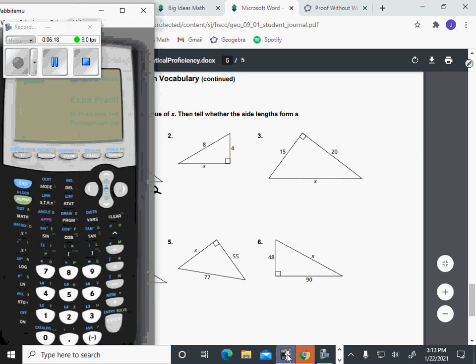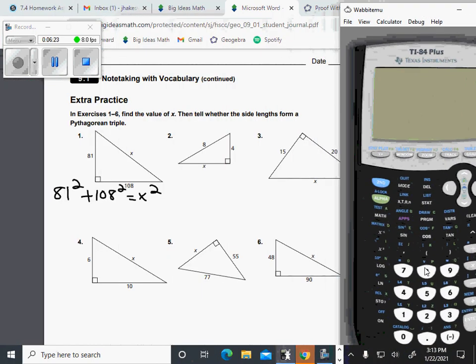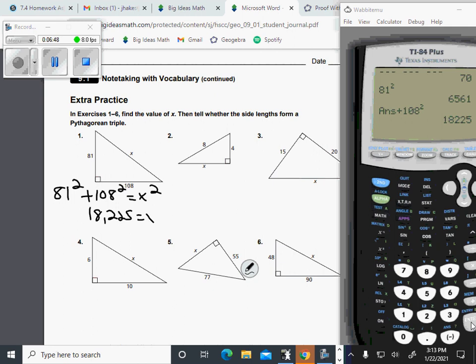Going to my calculator. 81 squared equals 6561 plus 108 squared. Okay, so I get 18,225. How do I solve for x? I have to take the square root.